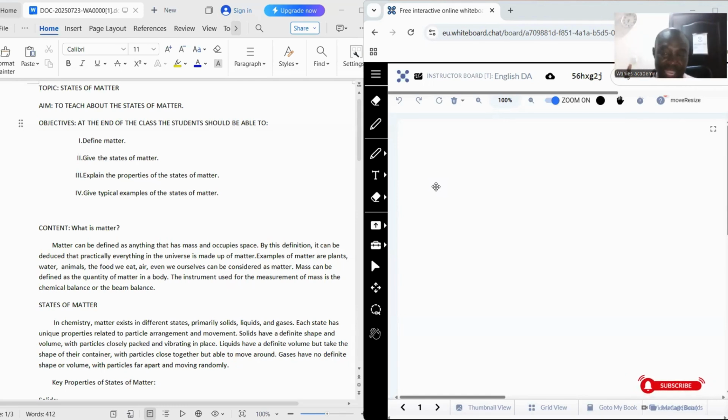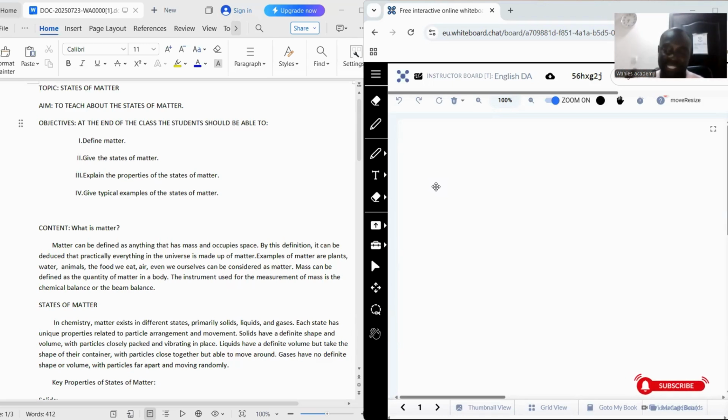However, bear in mind that I said most substances can be regarded as matter. That does not mean that all things are matter. For example, forms of energy like heat energy, light energy, and sound energy can't be considered as matter because they do not have mass and they do not occupy space.